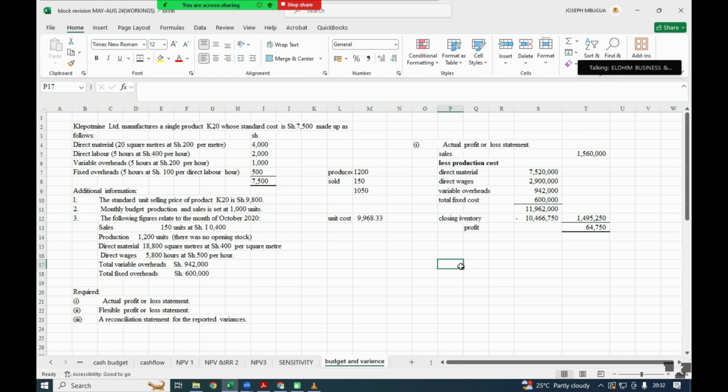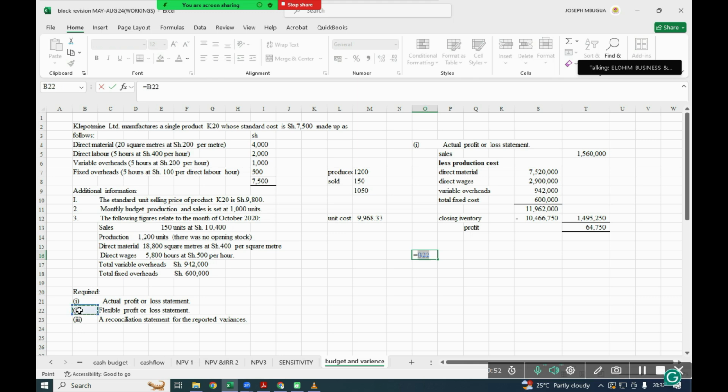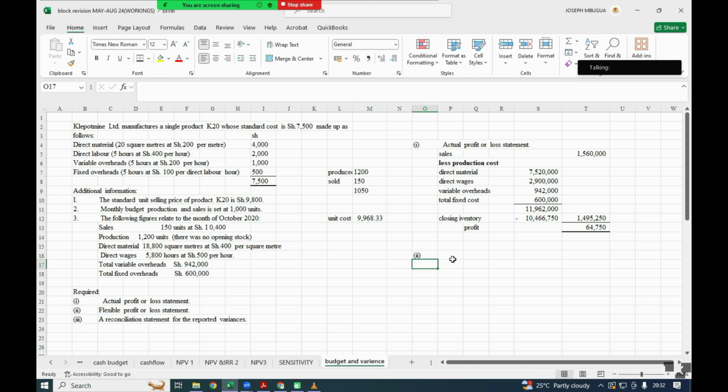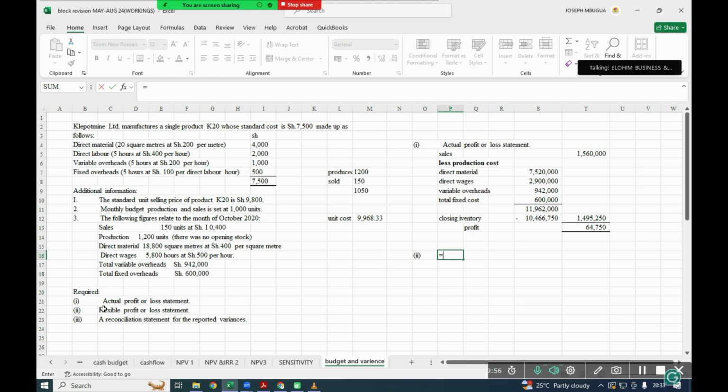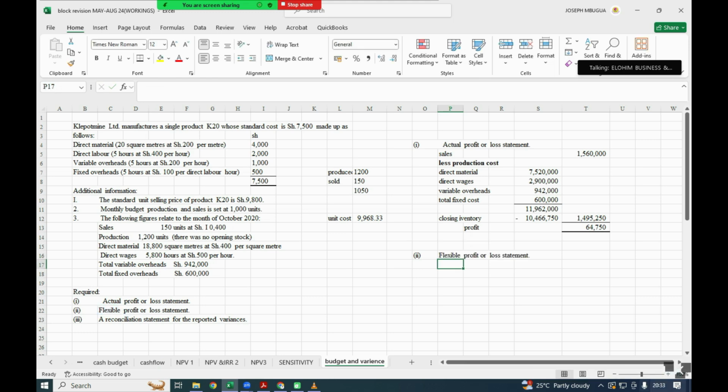Then the second part of it, the flexible. When you look at the flexible, the previous question that we had done for the flexible budget, I think we prepared it from the budgeted. And remember, when you're preparing the flexible budget, there's something you call the flexing factor.